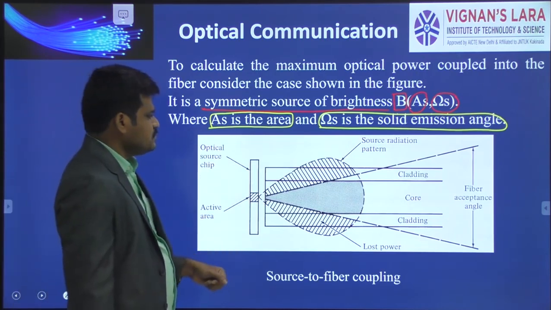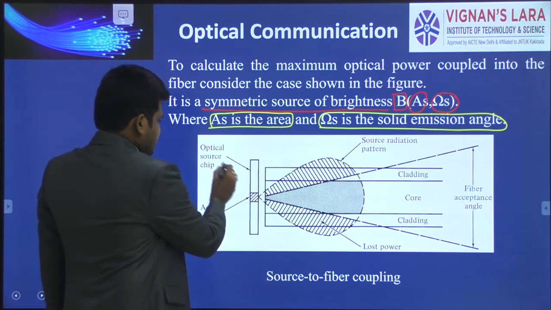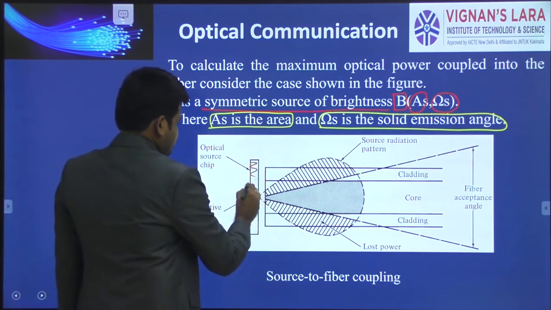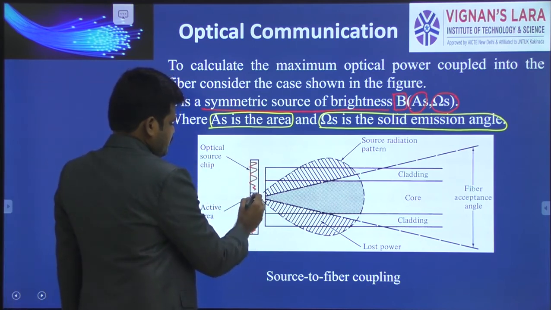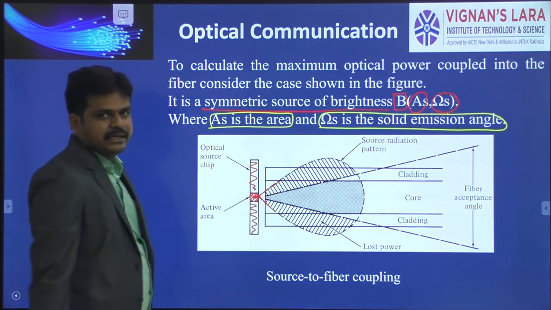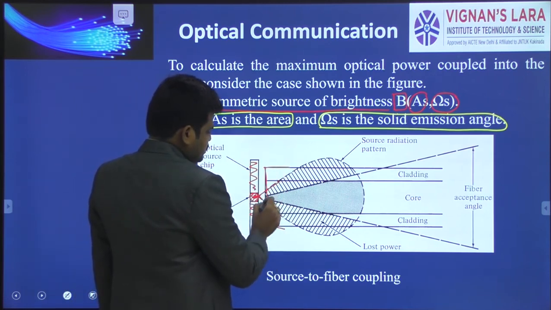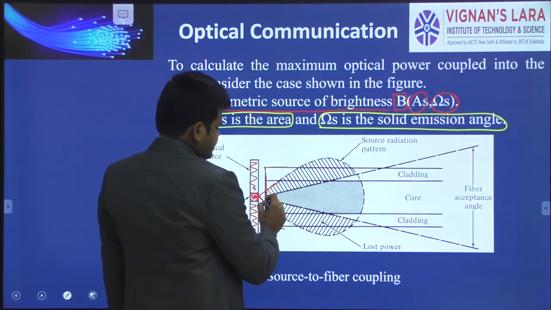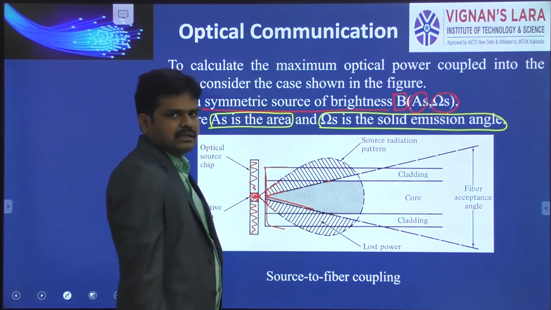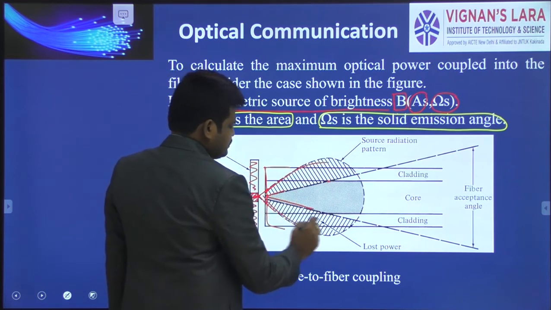So you can see here, this is the source to fiber coupling. This is the optical source chip. From this part generally the light is radiated. So I have coupled the optical fiber here. Into the core generally the light should be moving in this direction, but some part of the light will be radiated into the clad also.